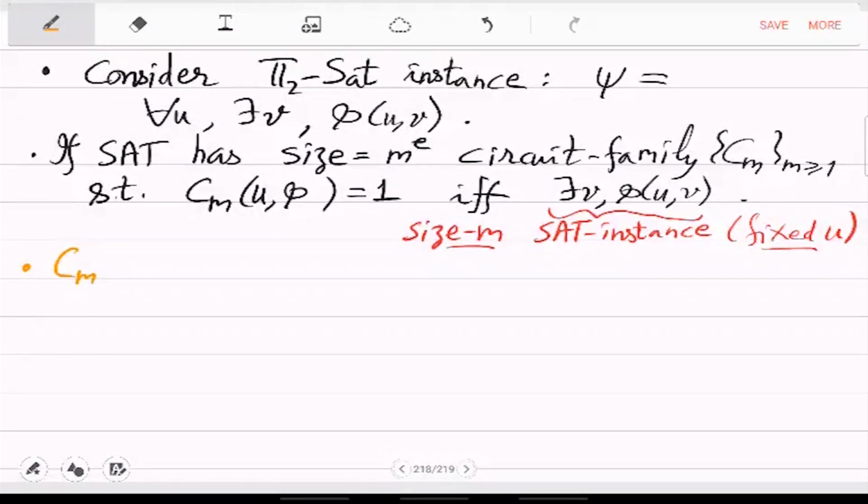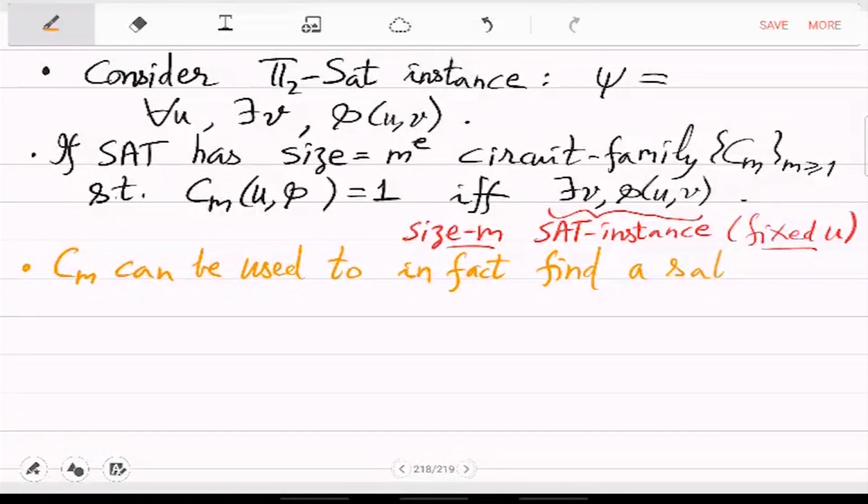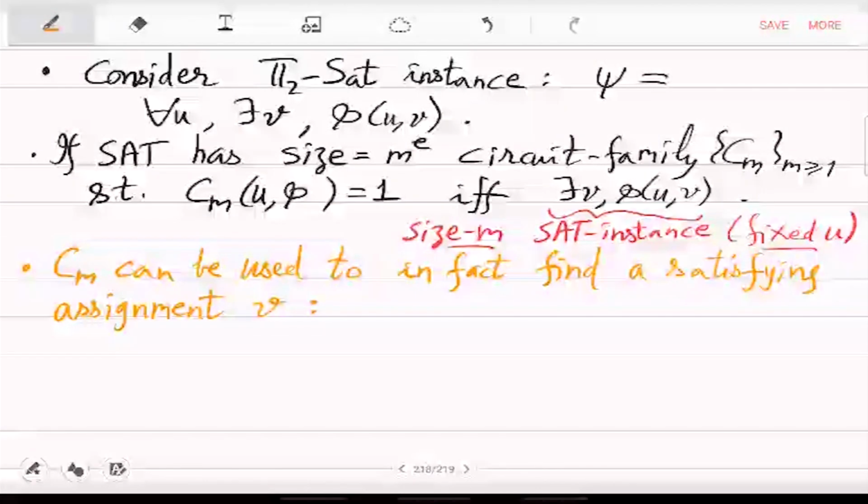So, C_m can be used to, in fact, find a satisfying assignment V. So, how is that?